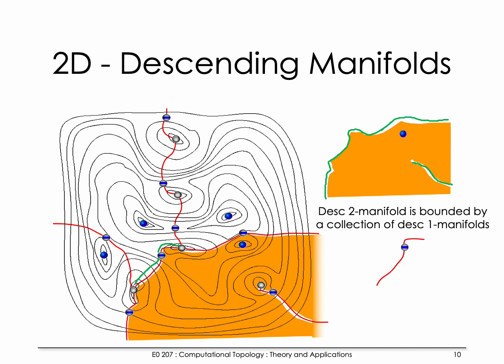So what bounds this descending manifold? It is essentially all those arcs between maxima, saddles and minima. So these are descending 1 manifolds of the saddles. So the descending 2 manifold is actually bounded by a collection of descending 1 manifolds.